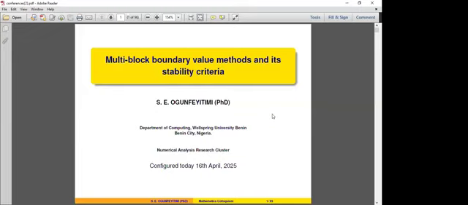Maybe I'll just call on Professor Odekunle. Professor Odekunle, are you here with us, sir? Okay. If Professor Odekunle is not here with us, Professor Okunuga, please, could you just give us a word and encourage us as researchers coming up in numerical analysis? I don't know if you are here, sir.